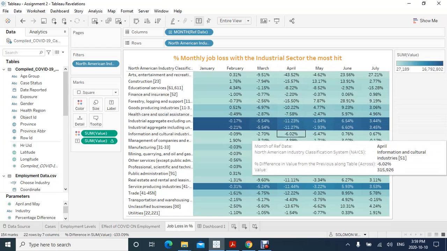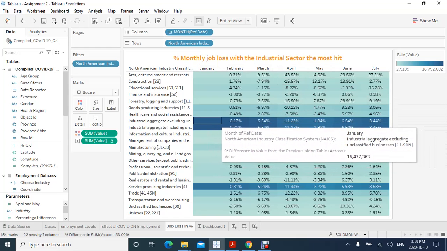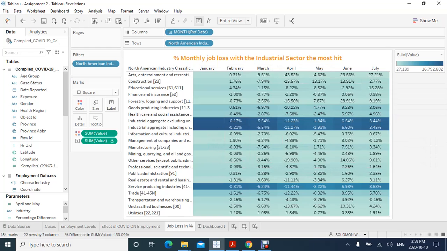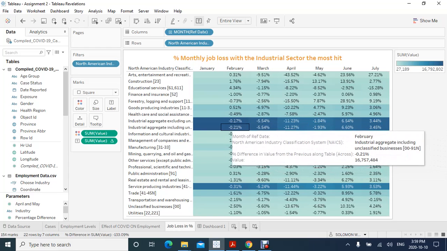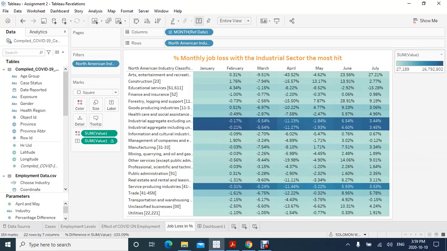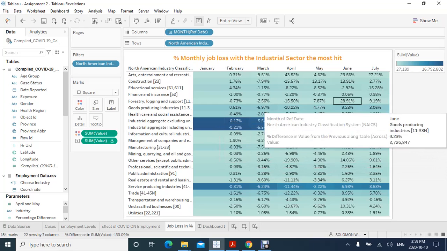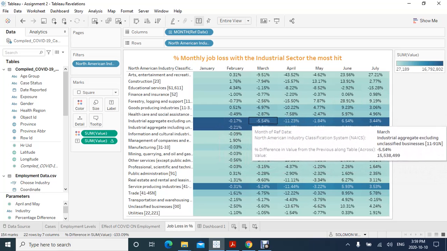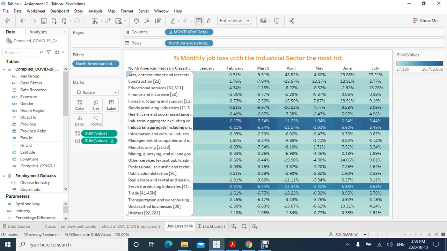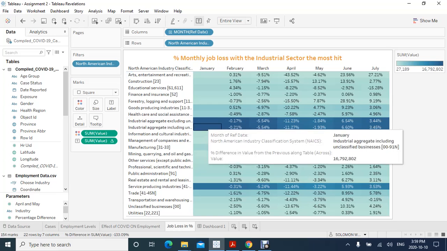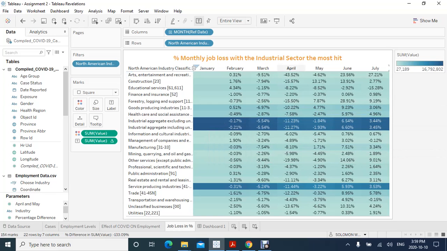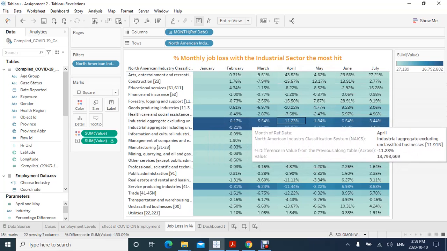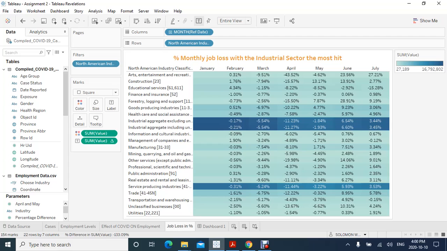You can see that the ones with the most severe impact are the dark blue, which is the industrial sector, in the months of April and May. We can see the percentage drop. So this reinforces the fact that the industrial sector was the most affected by COVID-19.